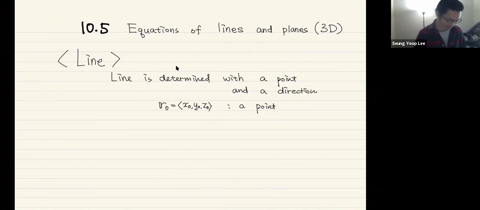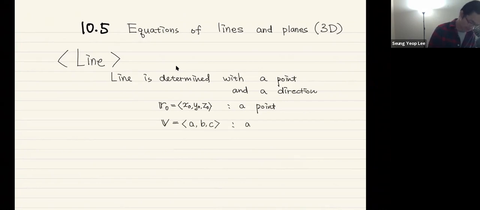Coordinate of a point. And the direction, how to give the direction? You can give a vector that points to that direction. So let's use v to be a certain vector given by the numbers A, B, C. A vector pointing to the direction.